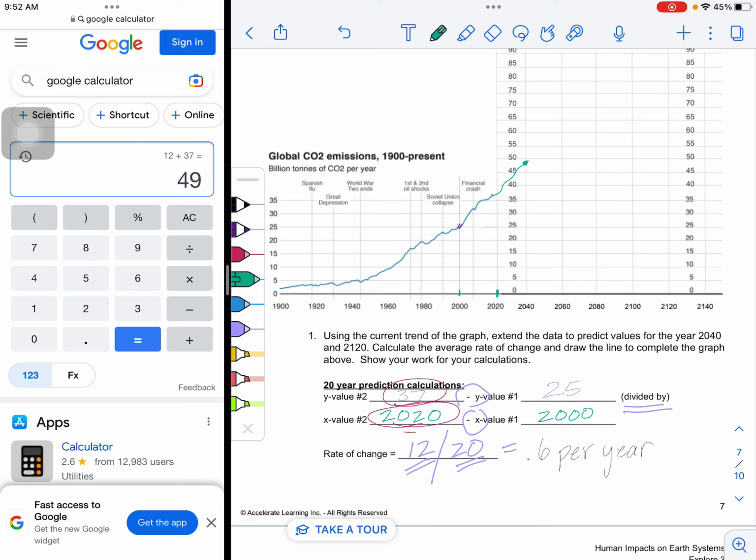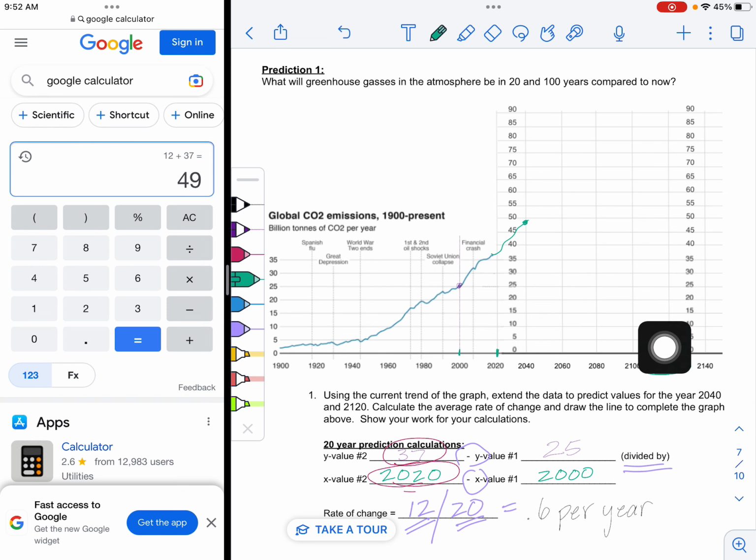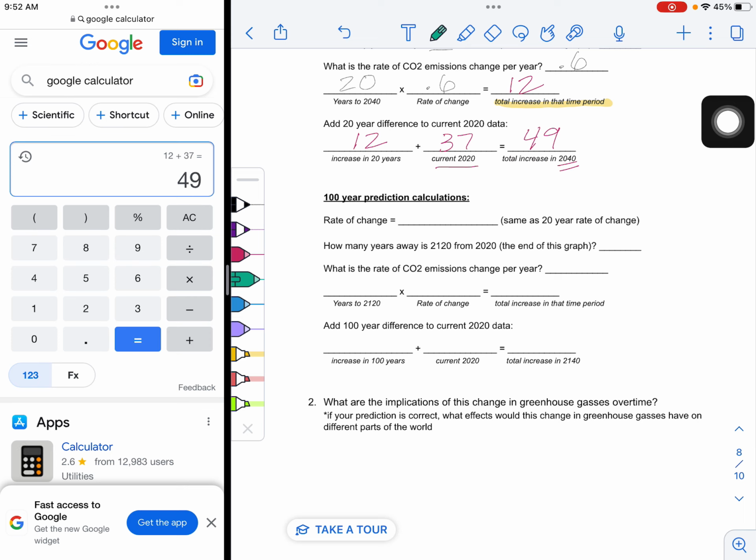I want to do the same thing for 2120. What's it going to look like in this time frame if it continues at that same increase? So again, my rate of change is what I calculated, that 0.6 per year. Well, this is 100 years from now. So I need 0.6 times 100.